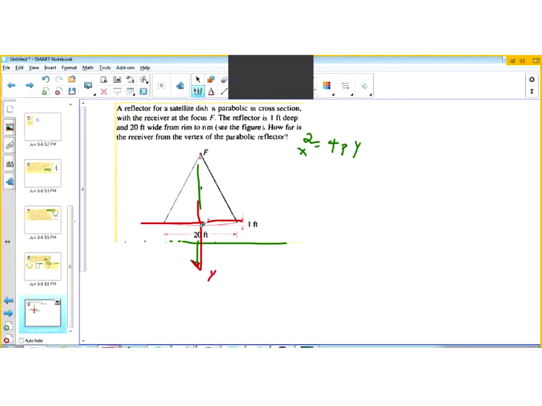Since this is a parabolic dish, we could say that with respect to this being the x-axis, y is positive in this direction. So ostensibly the point x equals 10, if this is the origin, x equals 10, y equals 1, is on the parabola.